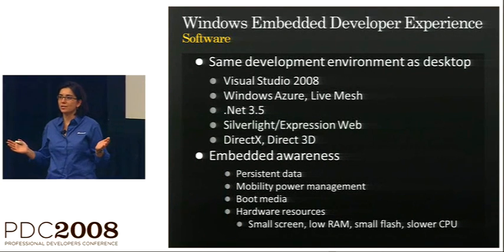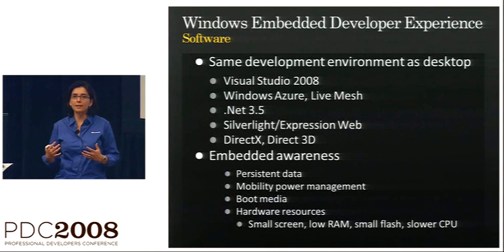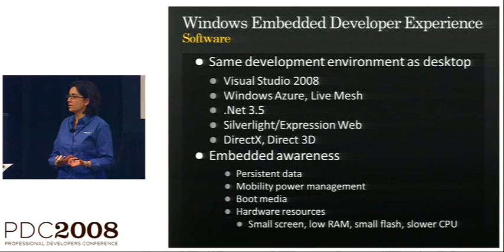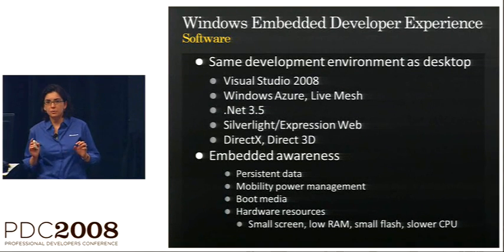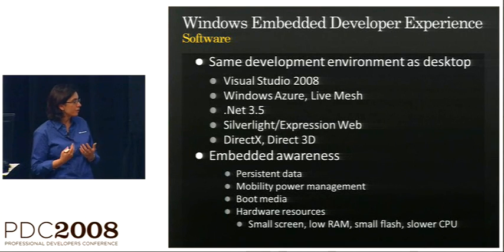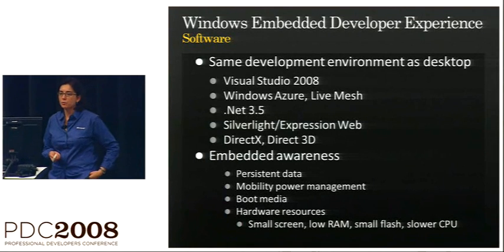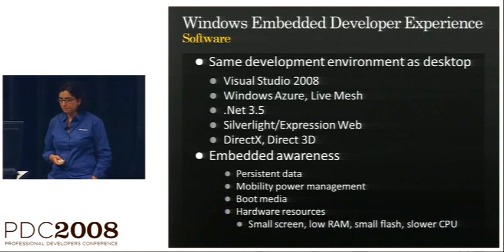I'm not quite sure how true that is, but my point is, when you're writing your application, keep in mind that if this is going on an embedded device, it's not going to have all the resources that are available on a typical multi-core desktop. So be conscious of your memory consumption, of the speed, the boot media, and the hardware resources in general. Now, power management obviously is an issue on a lot of embedded devices as well.